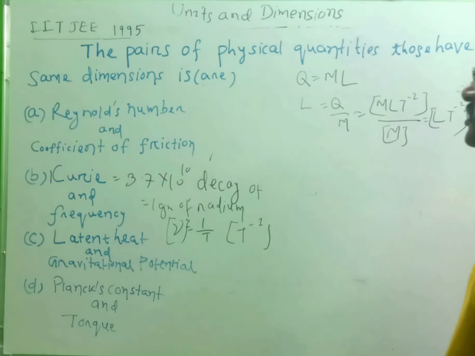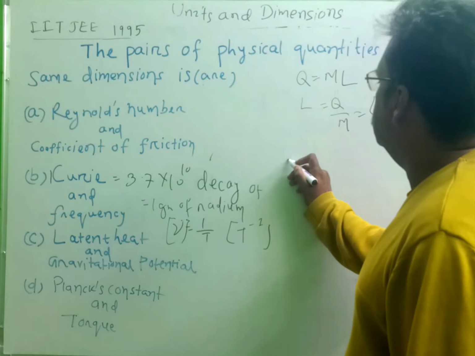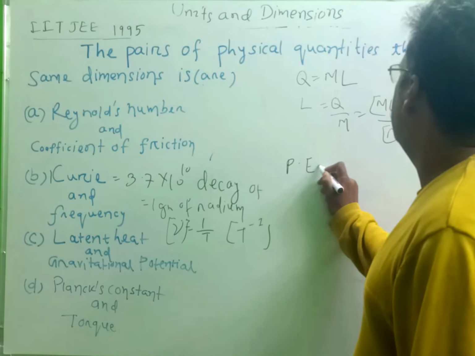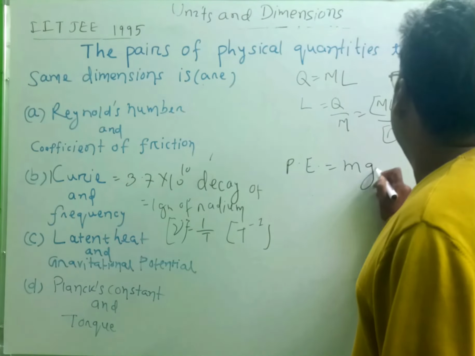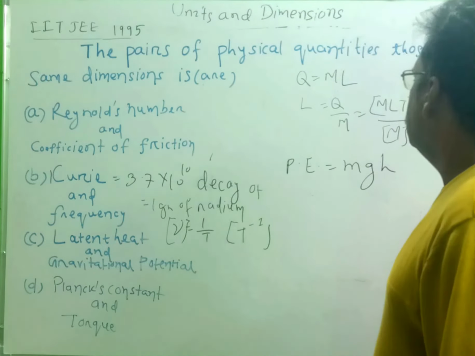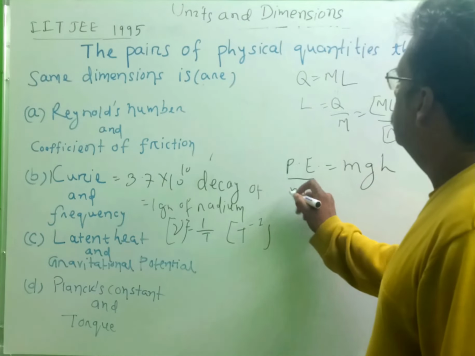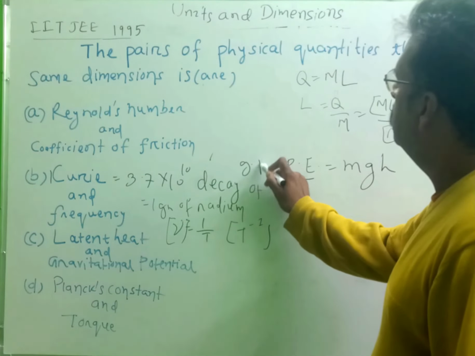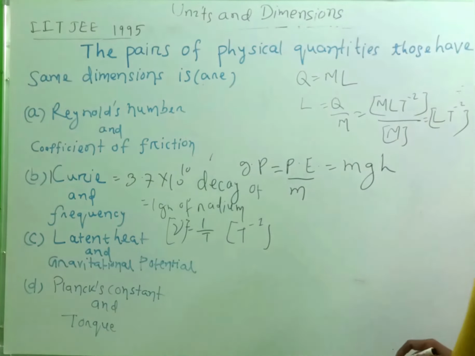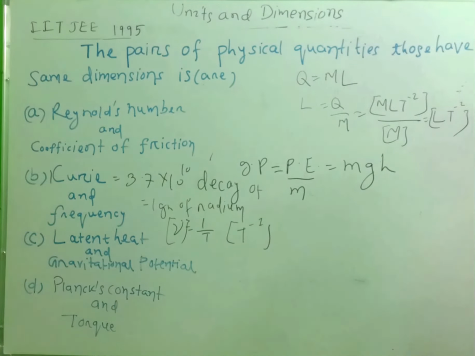And what is gravitational potential, student? Gravitational potential energy, PE, is equal to, you know, mgh. Okay, student. And this potential energy per unit mass is called gravitational potential. By definition, gravitational potential is potential energy per unit mass.